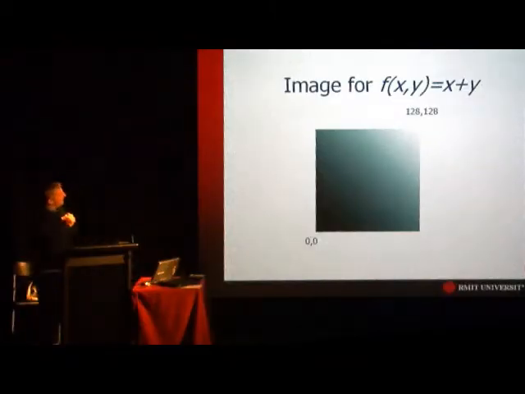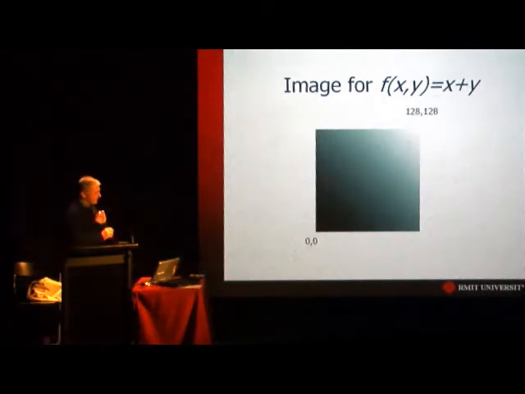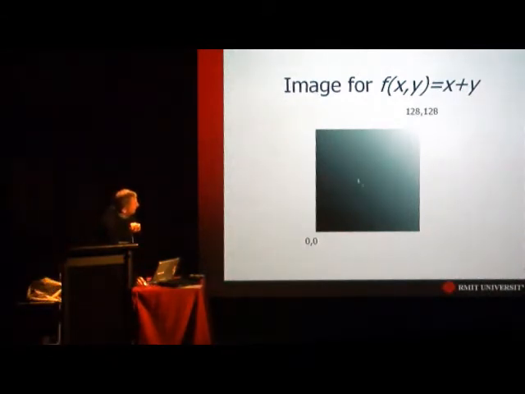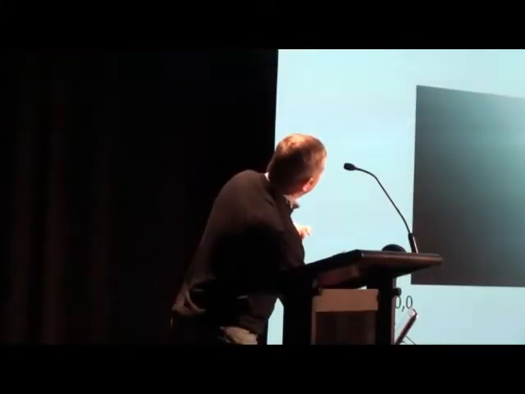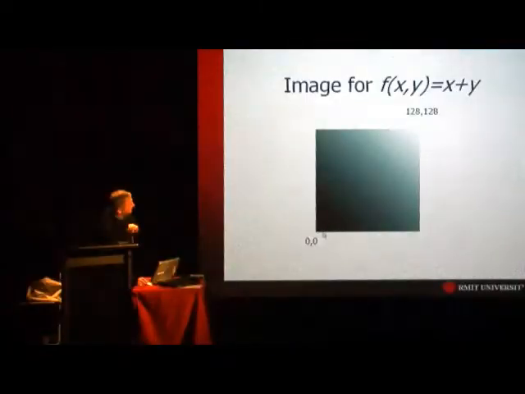It's going to look exactly like this, because we're evaluating x plus y. Well, down in this area where x is small and y is small, x plus y will be small, and 0 is black, so this area is going to be black.